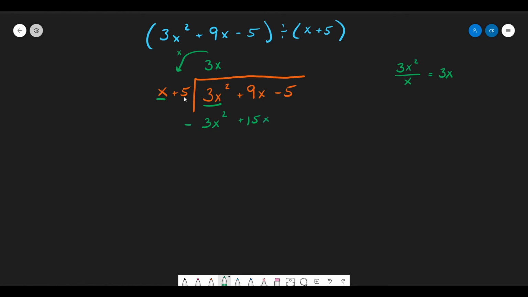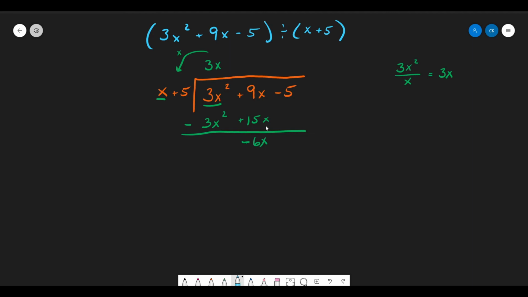I am going to subtract these two terms. So 3x squared minus 3x squared cancels out like it should. 9x minus 15x, 9 minus 15, that's going to give me a negative 6x.